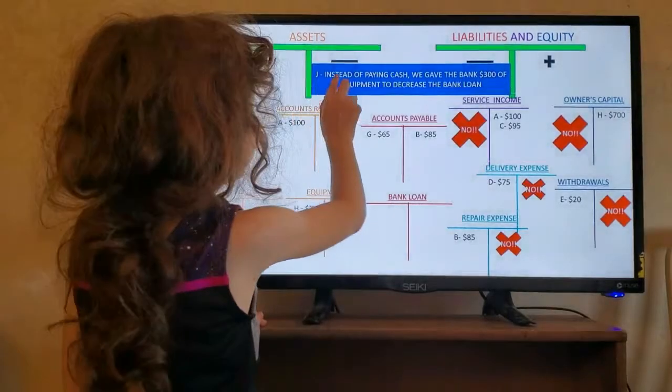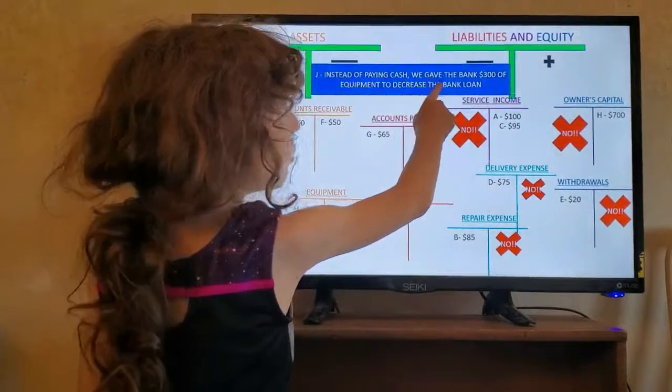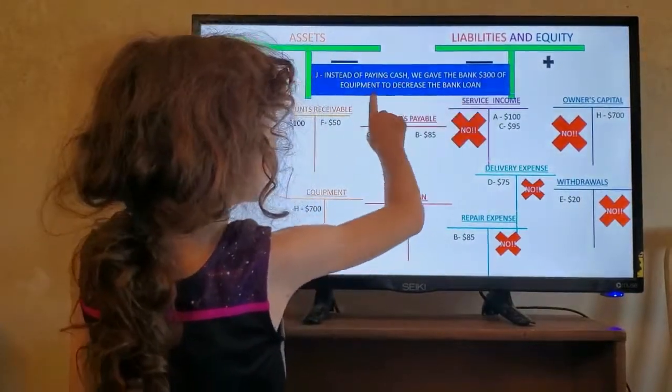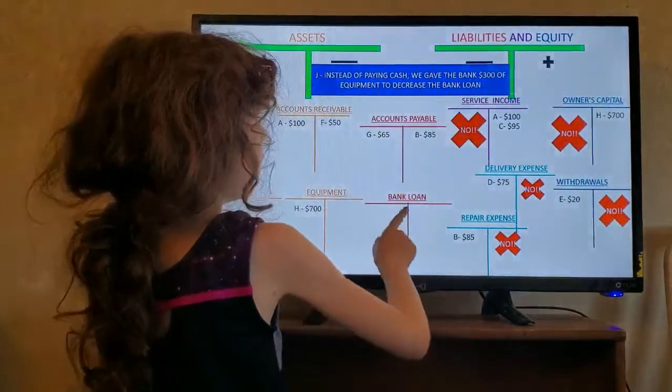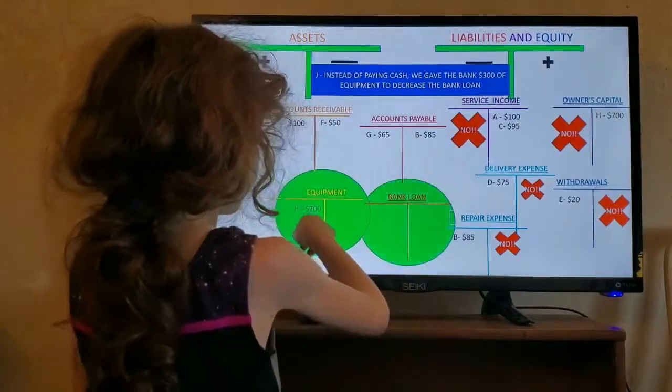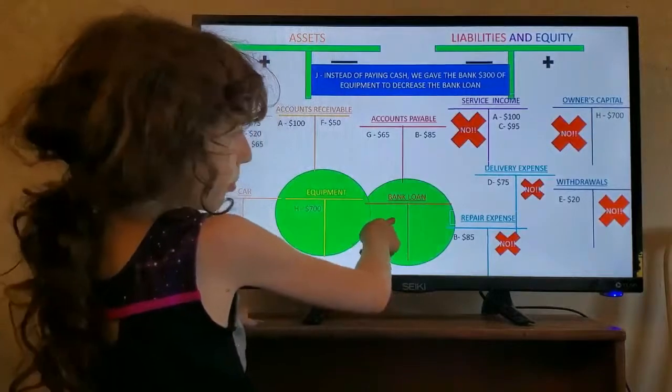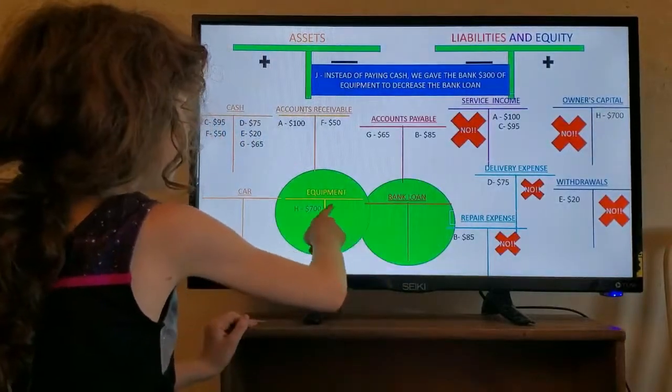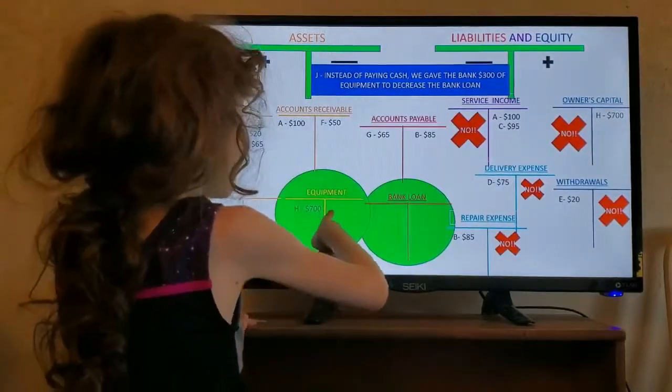Transaction J. Instead of paying cash, we gave the bank $300 of equipment to decrease the bank loan. So bank loan will change because you're decreasing the bank loan, and equipment will change because you have less equipment.